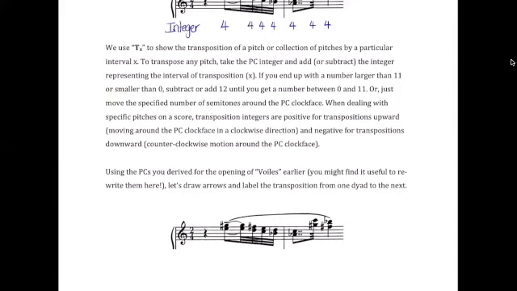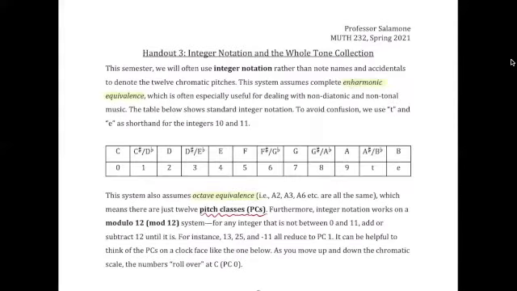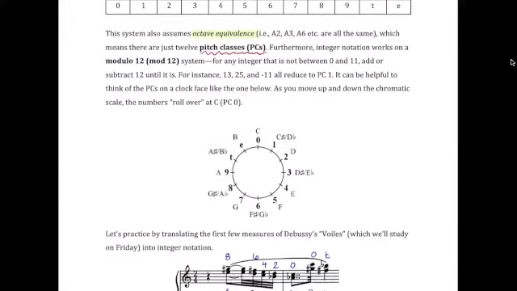But if that math stuff is not for you, go back on the clock face. So say I tell you, let's say T5 of pitch class 10. 2 ways to go about this, right? So you've got pitch class 10. I'm saying T5, so you're going to add 5 to it.